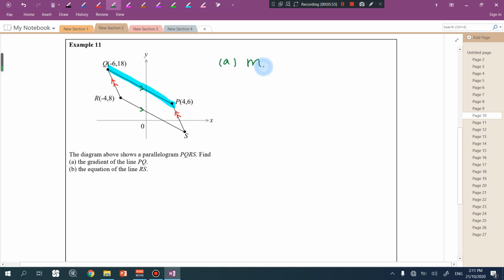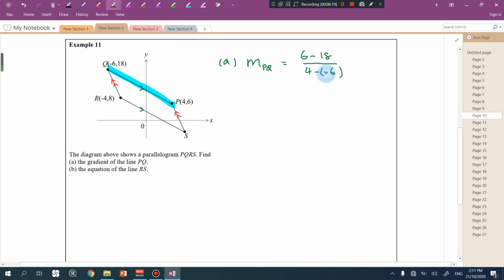The gradient of PQ is y2 minus y1. You can take 6 minus 18 or 18 minus 6, up to you. But if you take 6 minus 18, in the bottom you have to follow the sequence, minus negative 6.